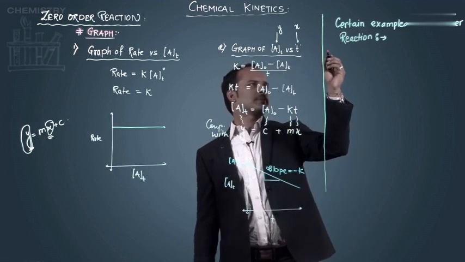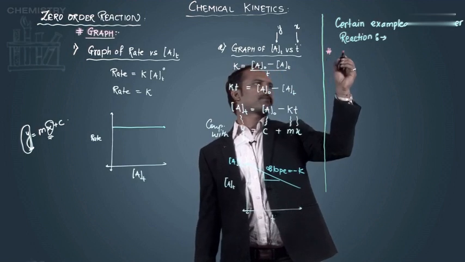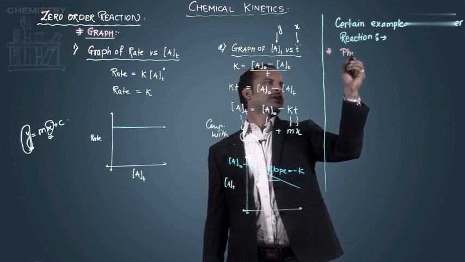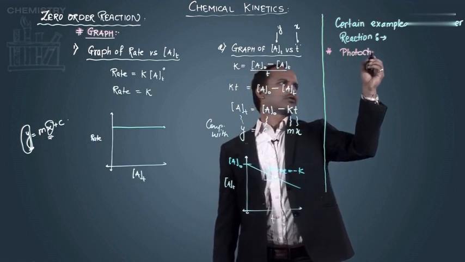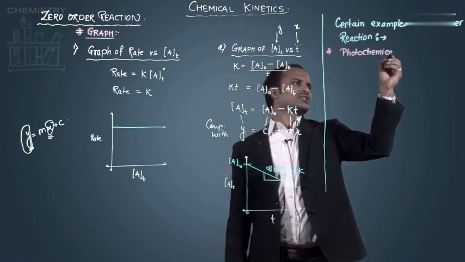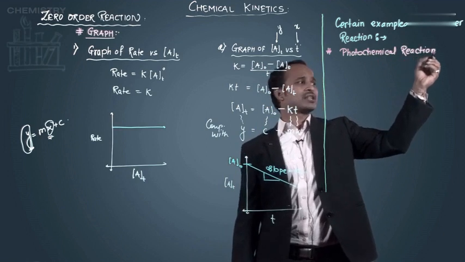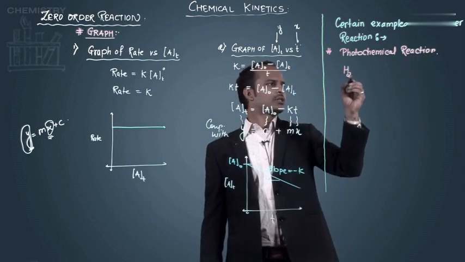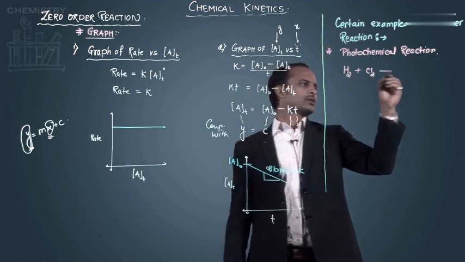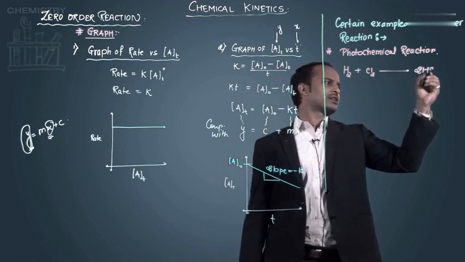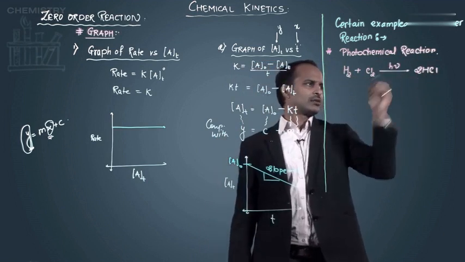The first one, photochemical reaction. Whatever photochemical reactions we are having, all those are considered as zero order reactions. The example is H2 plus Cl2 gives 2HCl. The reaction takes place in the presence of sunlight, that is h nu.